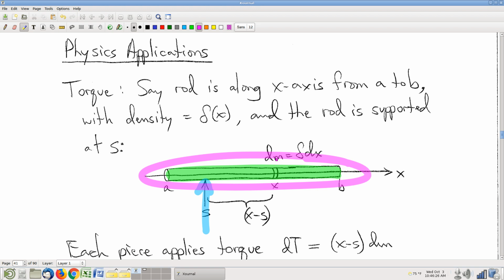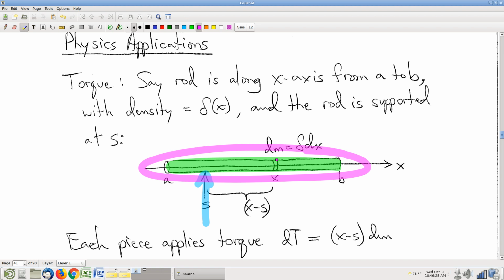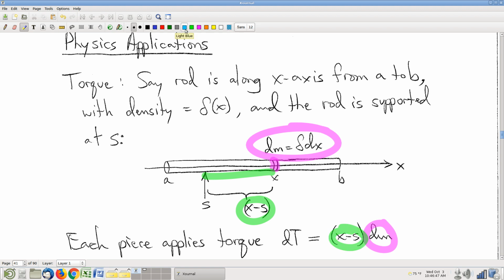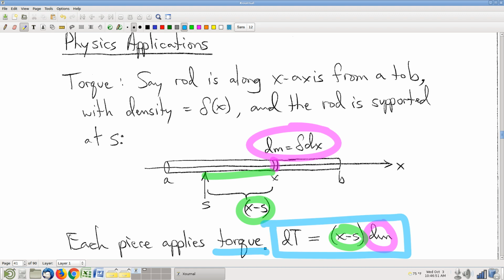Okay. All right. So the idea is, chop it up, add it up, our usual. And if you look at one little piece of mass at a time, there's a little piece of mass, right? Mass times distance gives you torque. That's the amount of torque that one little piece of mass applies.